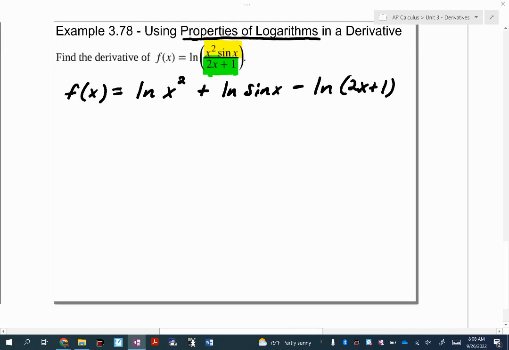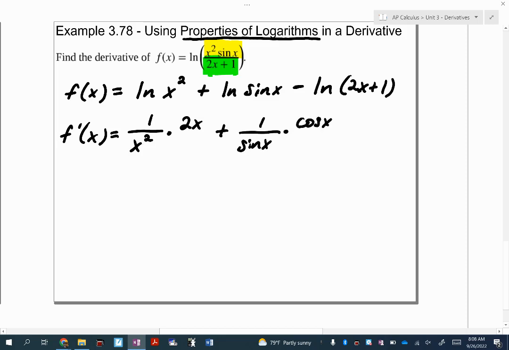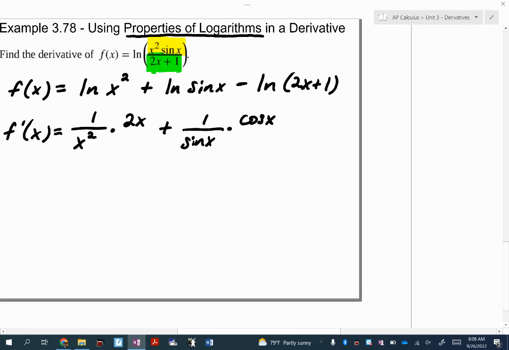Okay, so now if I go ahead and do the derivative here, it's going to be 1 over x squared times the derivative of x squared, which is 2x, plus 1 over the sine of x times the derivative of the sine of x, which is cosine of x. All right, hopefully you have that memorized already.